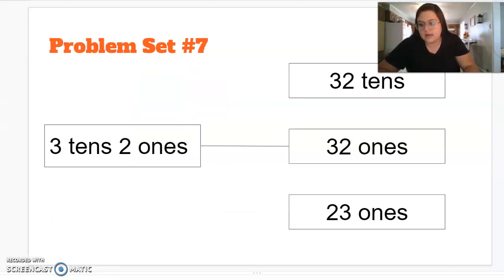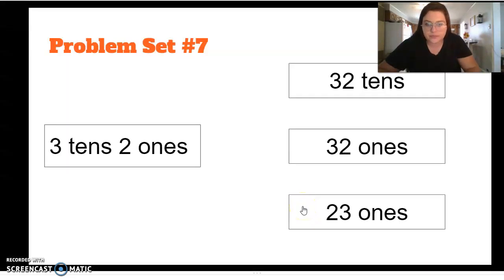And then the next problem is going to be like this. You're going to have to match. So you have over here 3 tens, 2 ones. Well, we know 3 tens is 30 and 2 ones is 2. So we have 32. Well, let's go over here. 32 tens? No, that would be 320. 32 ones?